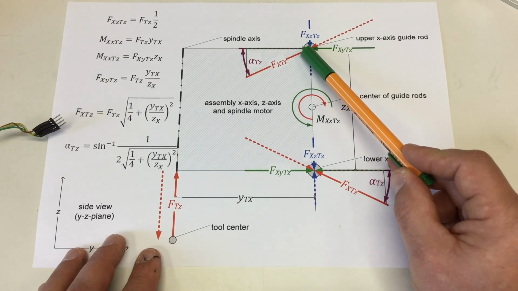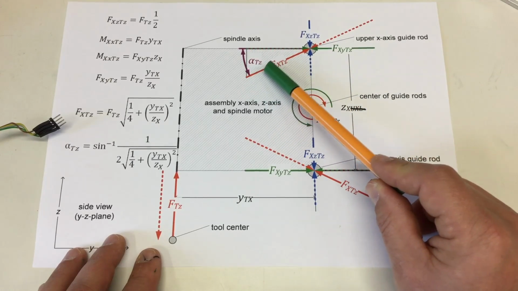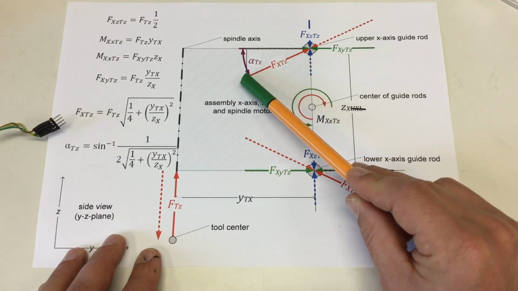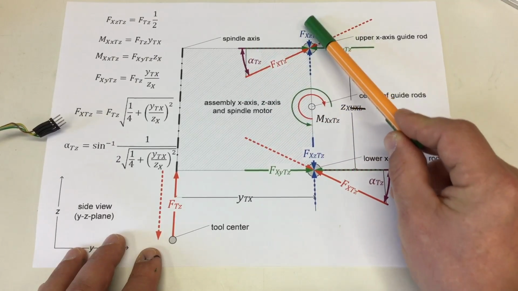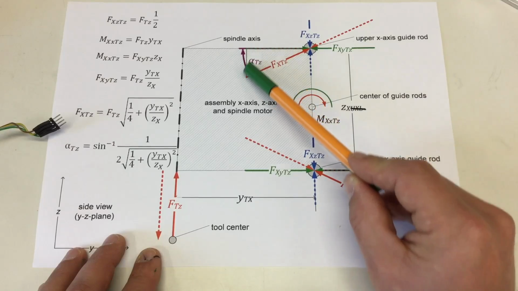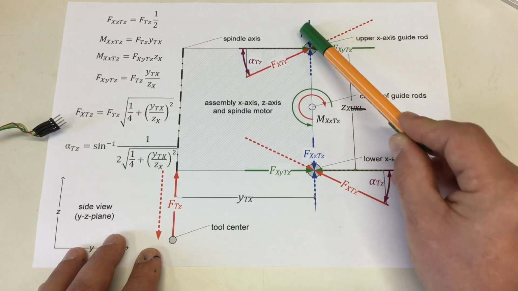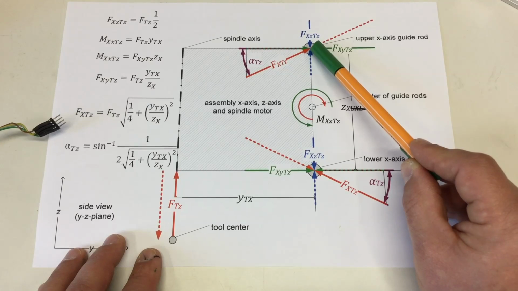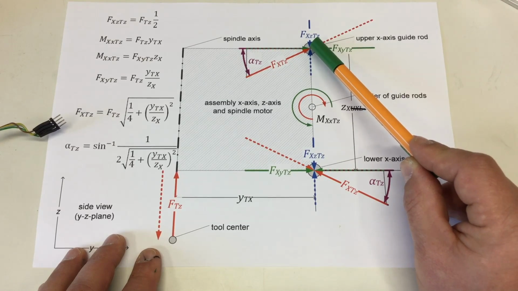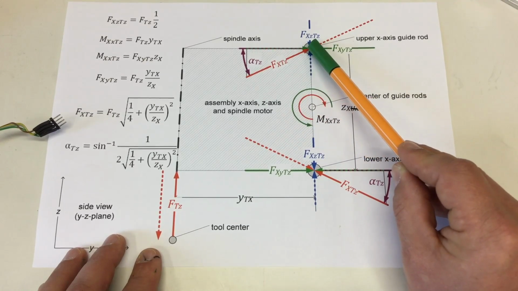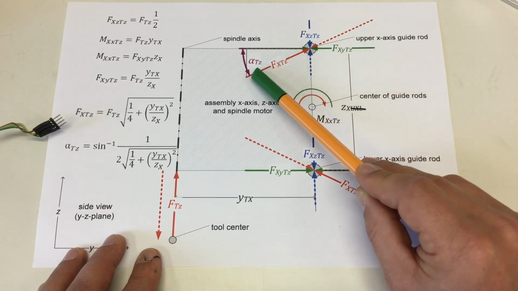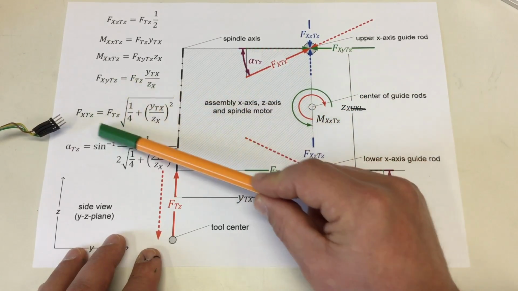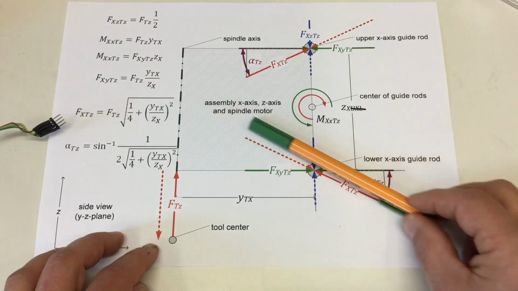And as a summary, you can also calculate the resulting force, which is simply a force triangle between these two forces, the resulting force, which is the thing that we are really interested in, the resulting force on our bearing.